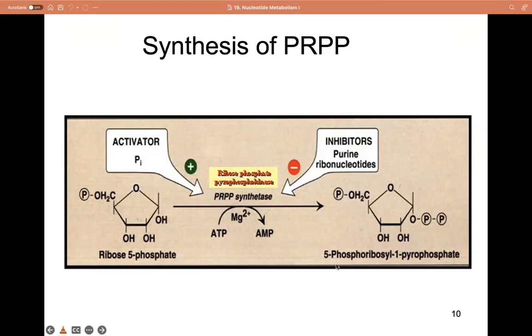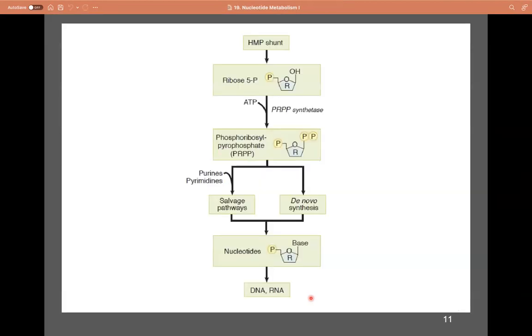But when the end product of PRPP is in excess, you know how this is used in metabolism for producing nucleotides, let's say the nucleotides are in excess. Essentially, what that means is this specific reaction is going to be inhibited. So you're going to produce less PRPP, so less of it is used to produce more of the end product. Less end product production, you prevent excess.